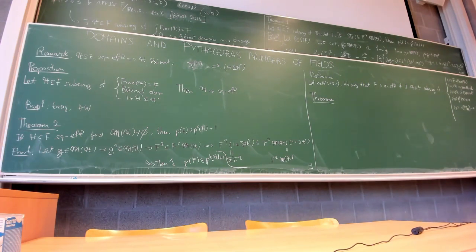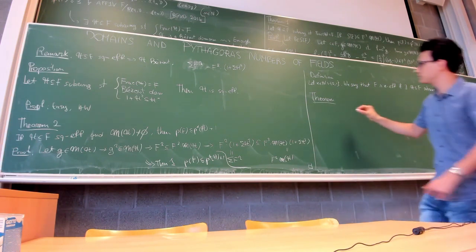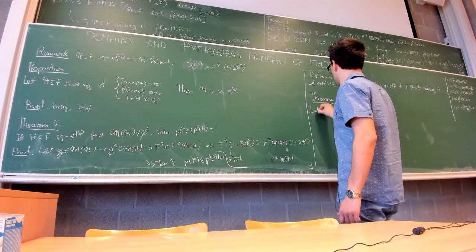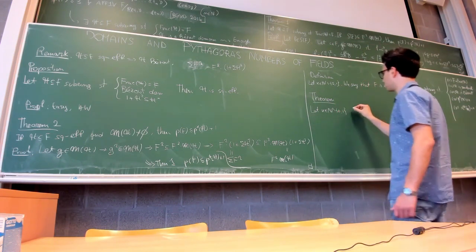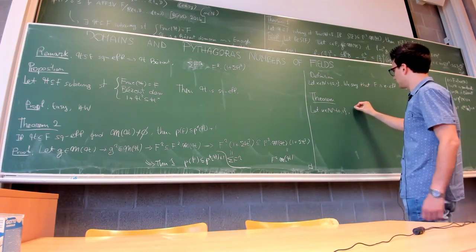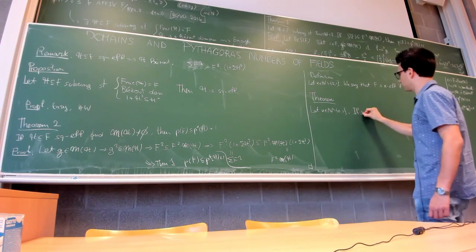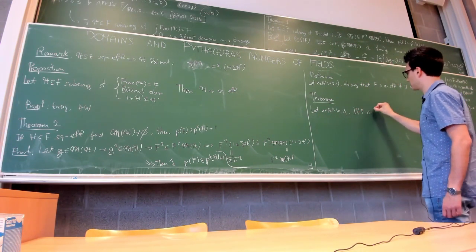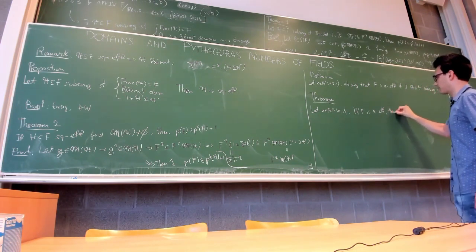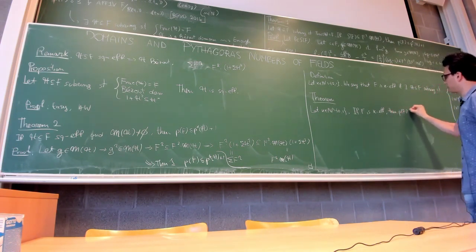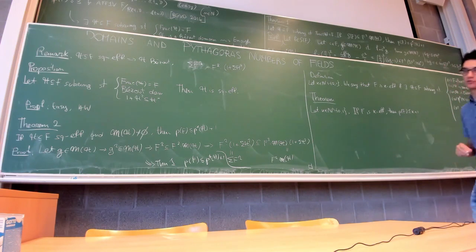So let me write the statement first. Let again k be an integer bigger or equal than 2. If F is k effective, then the Pythagoras number of F is at most k plus 1.